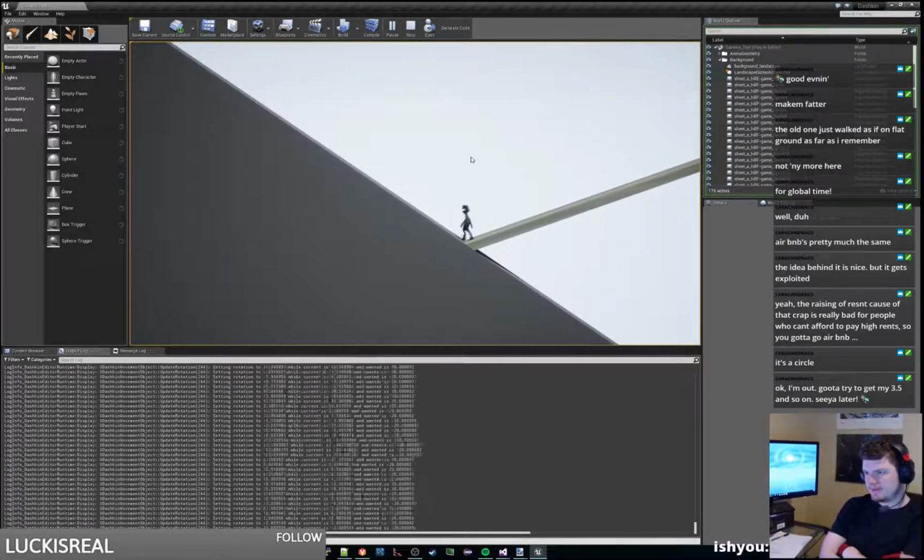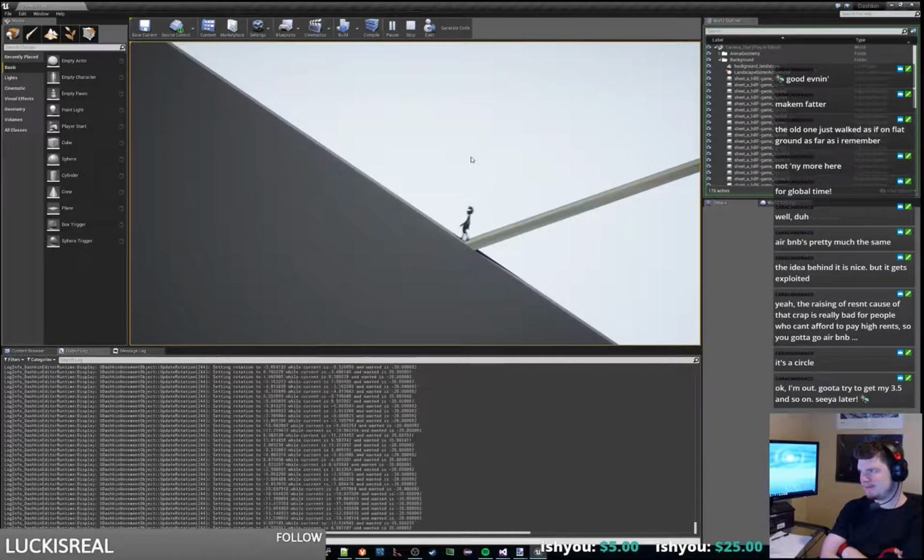So the question should be, how exactly should we solve this problem? We could have a damping force. Basically, the more the angle changes, the less it'll let the angle change.